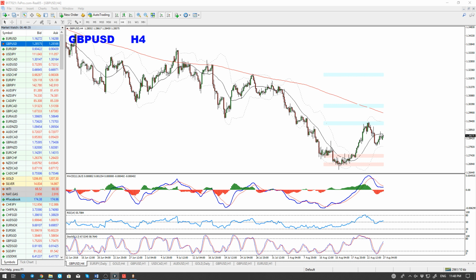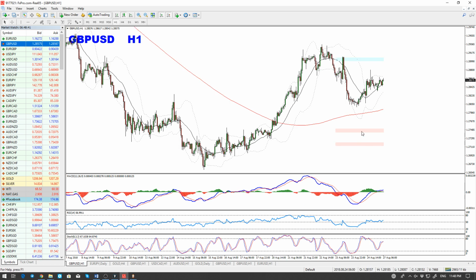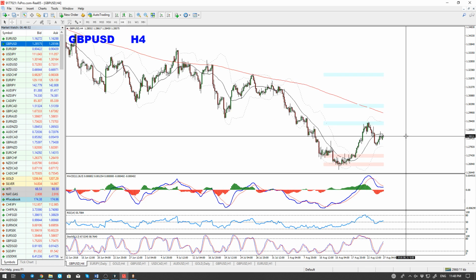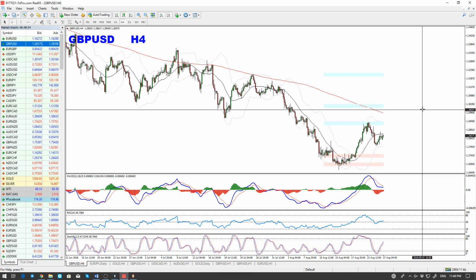Now 4-hour has here a bullish hidden divergence, right? But the 1-hour chart does not fit, because the 1-hour chart must confirm this divergence, and it doesn't, which means this is not a corrective cycle. And that's what makes me think it's not ready yet. I prefer to see pound dollar dropping and then buys.